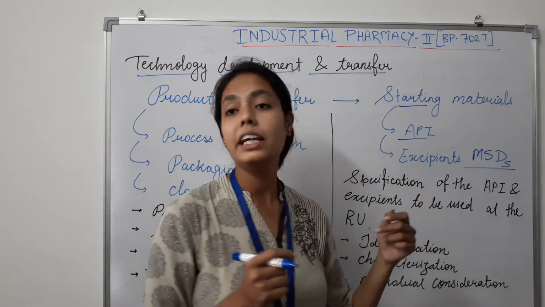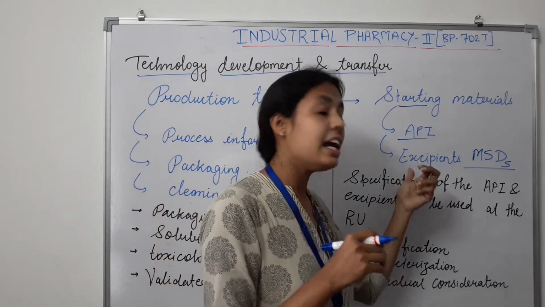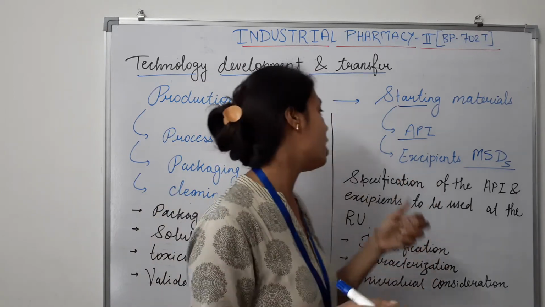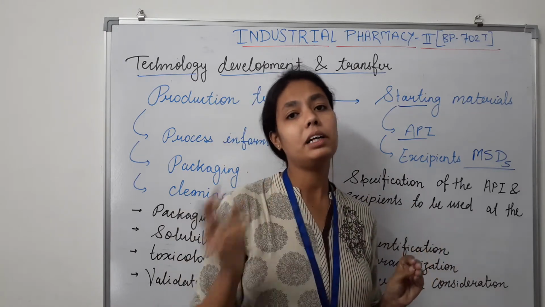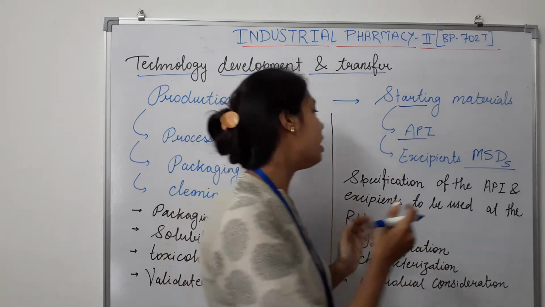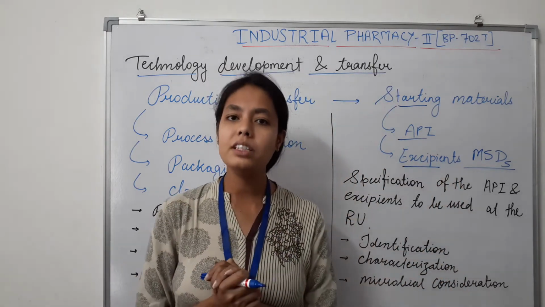That means any other organic volatile impurities which may affect the quality of the finished product should be mentioned by the sending unit, and ultimately the data will be provided to the receiving unit.